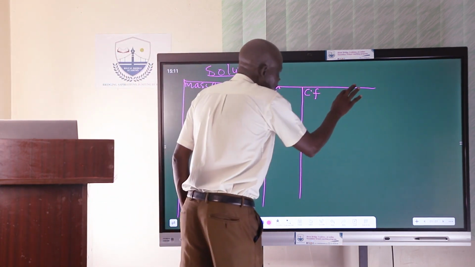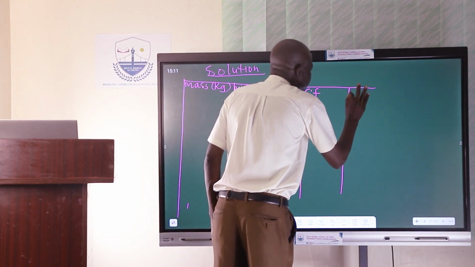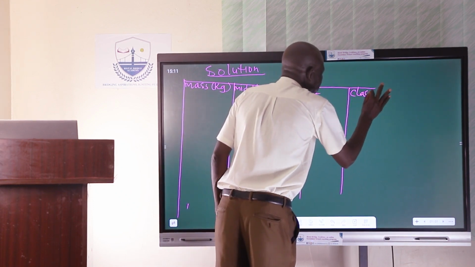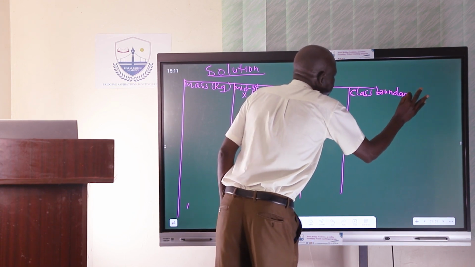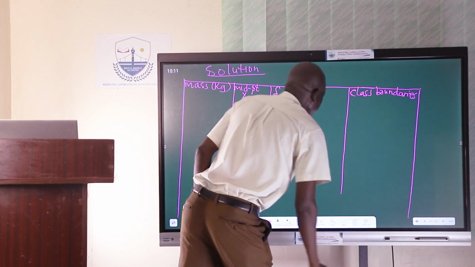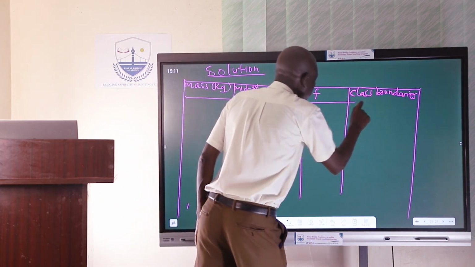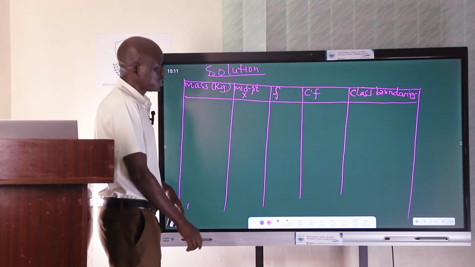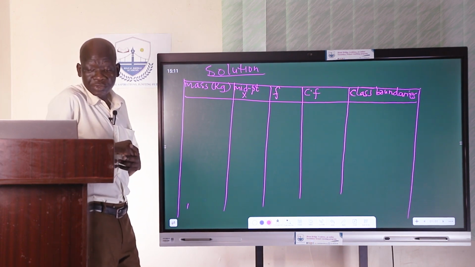From here, we shall have the class boundaries. So this is the shape of the table. We are going to fill in our values.